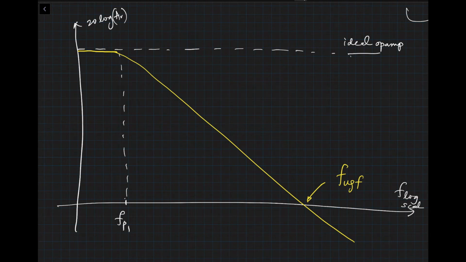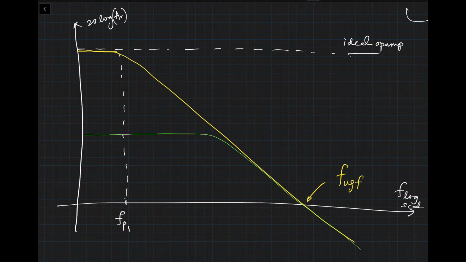And if we use the same op-amp in inverting gain configuration, then let's use a different color, you will see this green curve, which will look something like this.